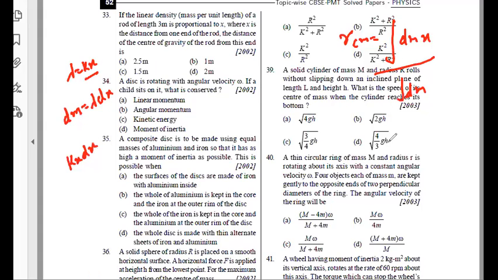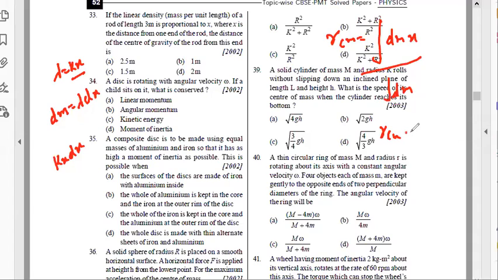So here RCM is equal to integration of kx times x, so x square dx, divided by integration of kx dx, limits 0 to 3. k will be cancelled.